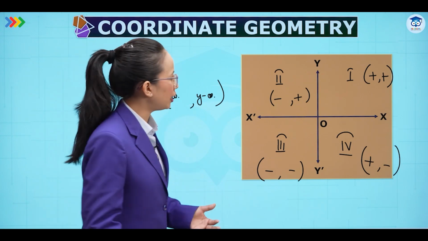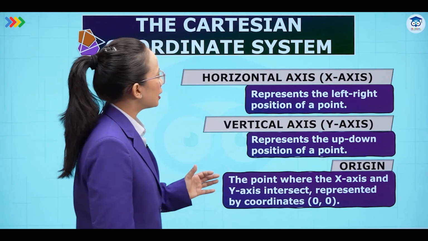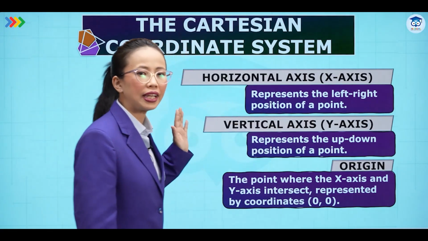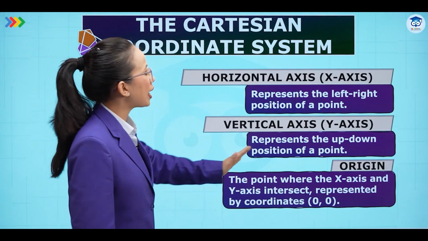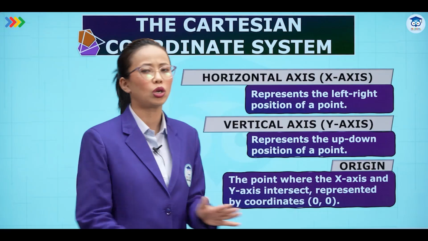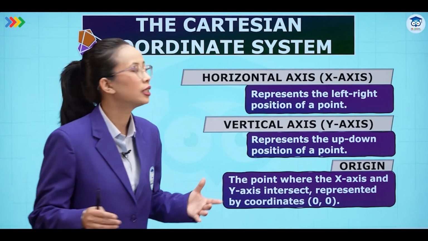Moving ahead, next we have the horizontal line, that is the x-axis. As I have said, it represents left and right, and the vertical axis, which is the y-axis, represents up and down. Origin is where it is not moving anywhere, so its coordinate is 0, 0, right?